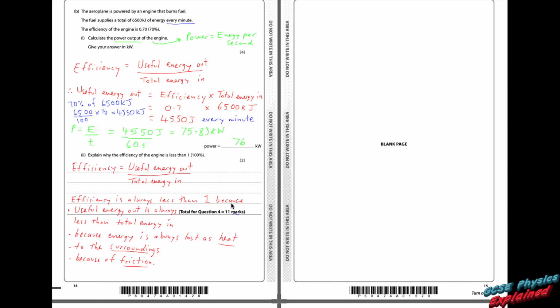Efficiency is always less than 1 because useful energy out is always less than total energy in, because energy is always lost as heat to the surroundings because of friction. So it's only worth 2 marks, but if it was worth more than 2, you would expect a mark for each one of these things that I've underlined.